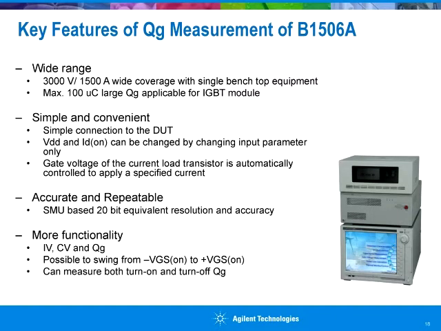Okay, so this is the summary of key features of QG measurement on the B1506A. Its coverage goes up to 3,000 volts and 1,500 amperes. It is extremely larger than other solutions.